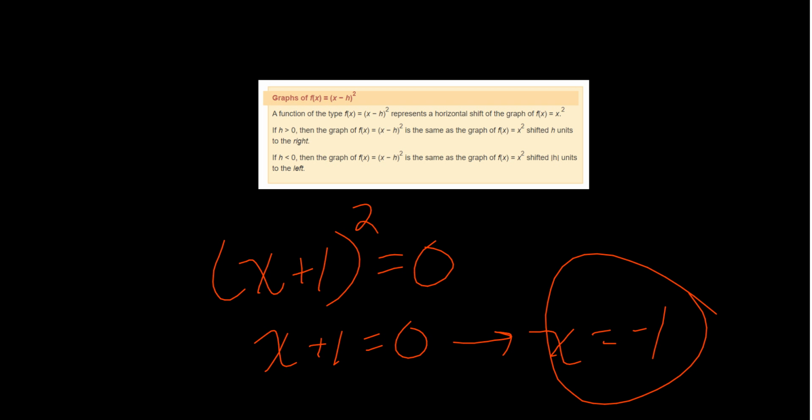Let's look at this. If we have a negative h, we shift right. If we have a positive h, you've got to be kidding me. It's another typo in the text. That's incredible. It's the second one that we found. Never mind.